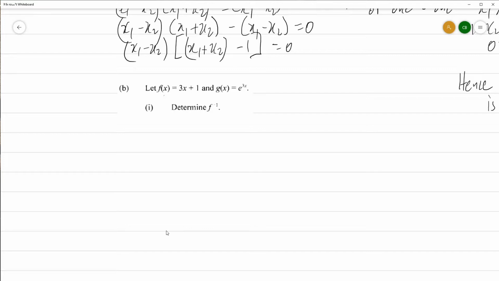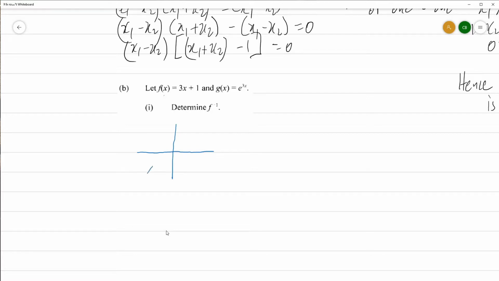Alright, so to find f inverse, well, how do you find f inverse geometrically? So again, this is not required for the question, this is just me providing some explanation.